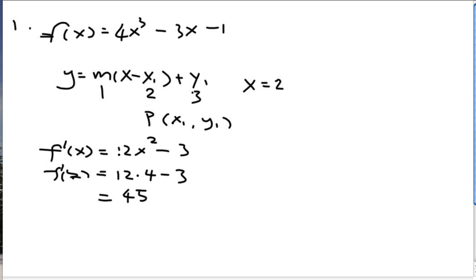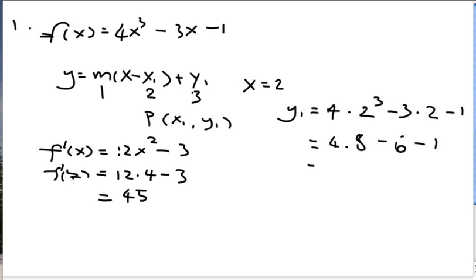So what about y1? y1 would be, we plug x equals 2 into the original function: 4 times 2 cubed minus 3 times 2 minus 1, which is 25. So we know y1, we know x1, we know m.